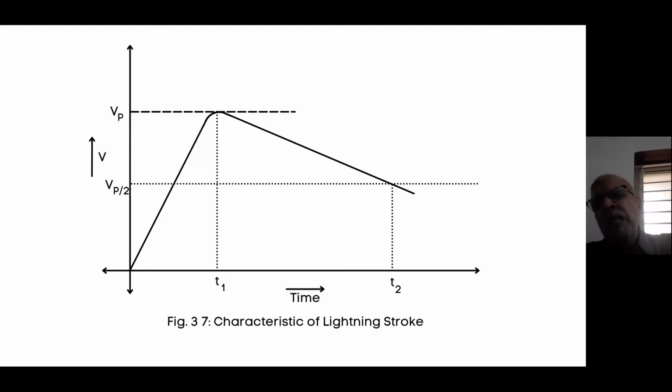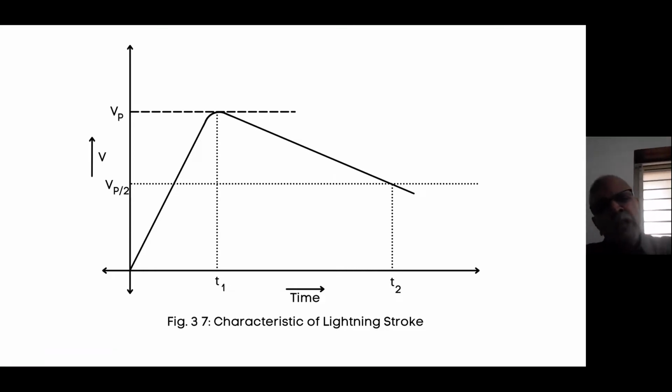It will go on diminishing. So T1, the time within which it reaches Vp, is 1.2 microseconds. So that is very bad, very high voltage, and that is reaching within very short time. Therefore, the insulation can be intrinsically damaged. So that is the reason why we are very particular about protection.